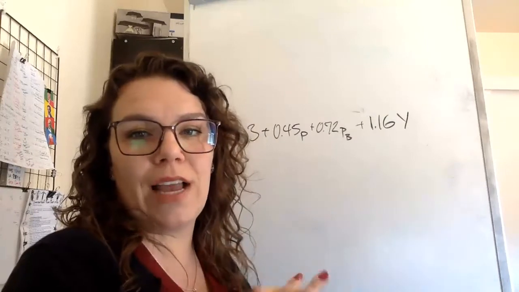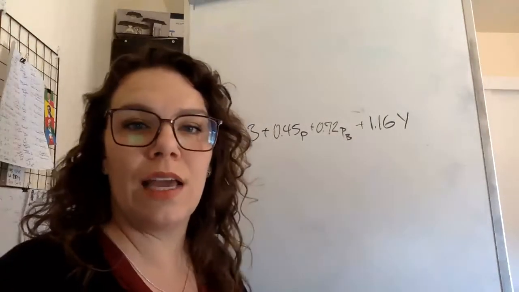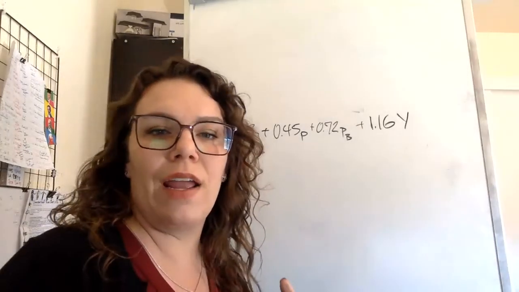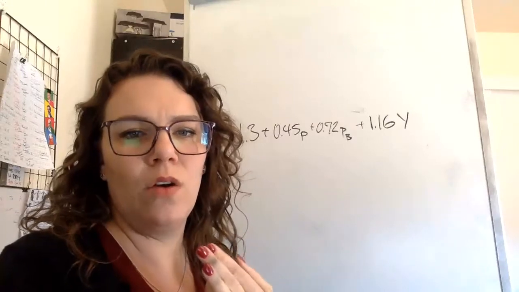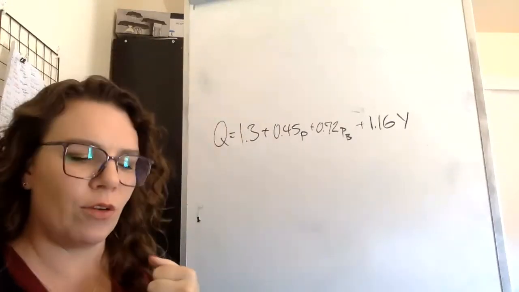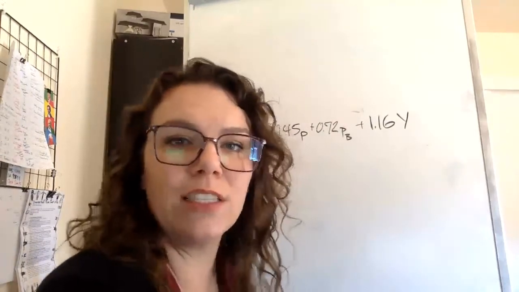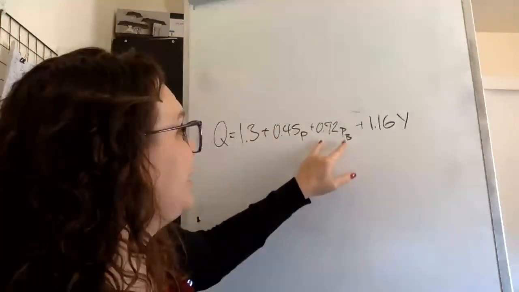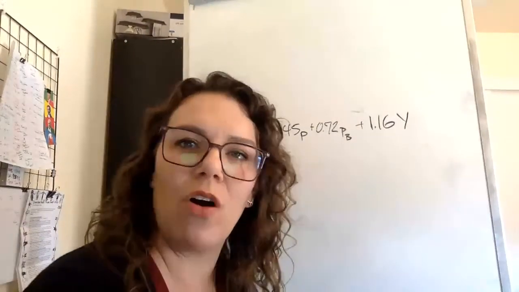So the first question asks you, given the coefficient for PB, can we say that burritos are a complement for pizza, a substitute for pizza, an input for pizza, or in a different market for pizza and therefore unrelated? So the first thing is, yeah, they're in different markets, but they're related because the price of burritos is part of the demand function for pizza, so they are related.